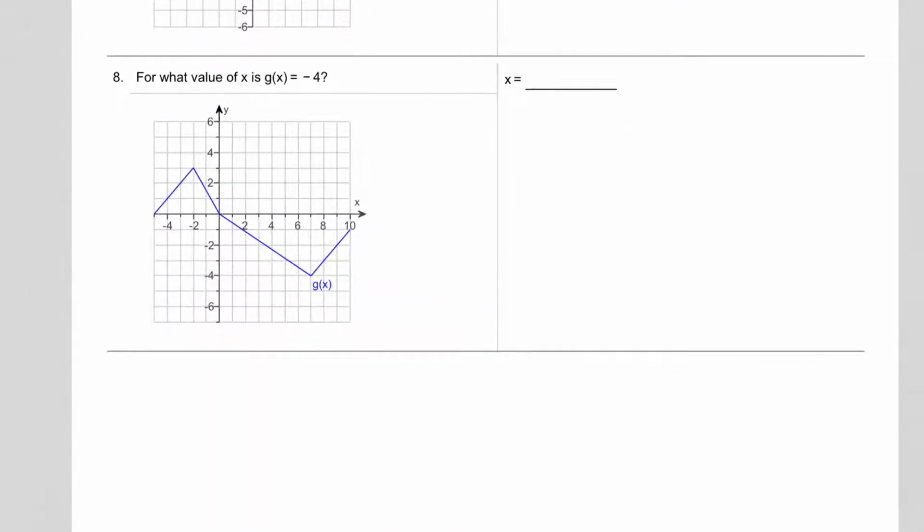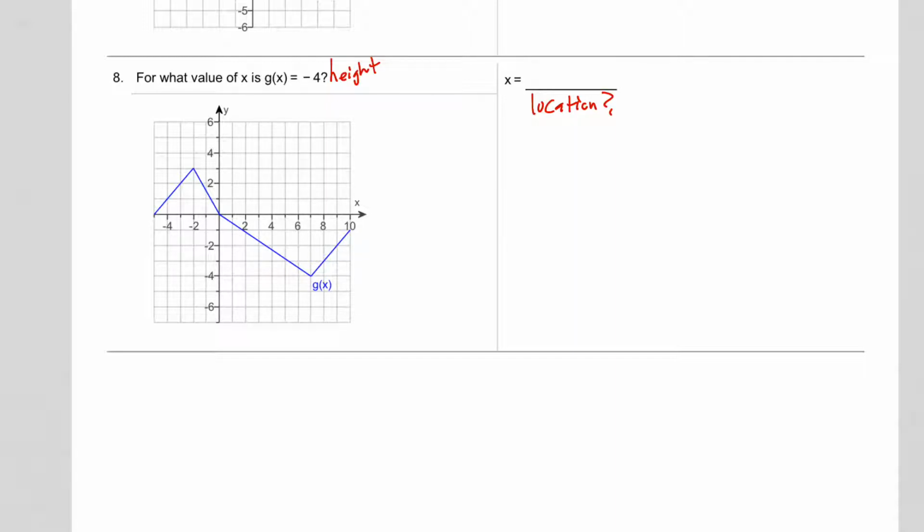Similar question for number 8, but it's in reverse. So this time they want to know the location. What's the location or the x value when the height is -4.